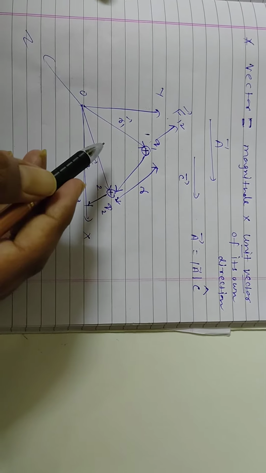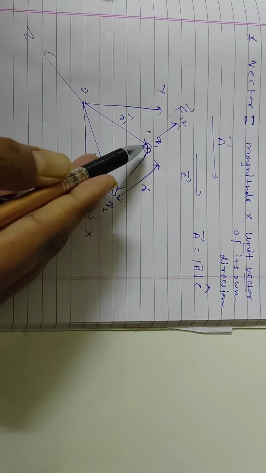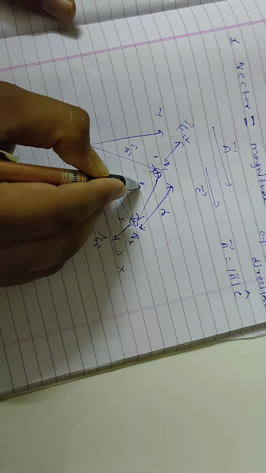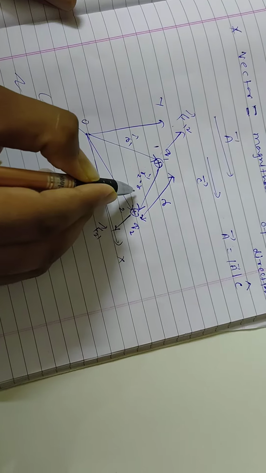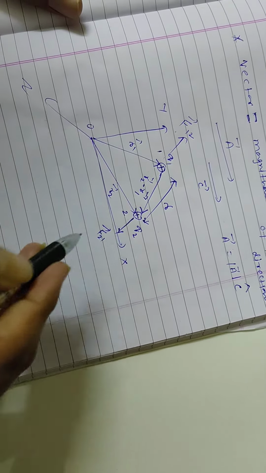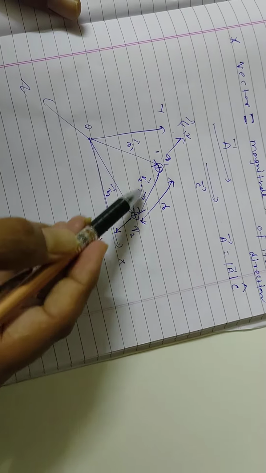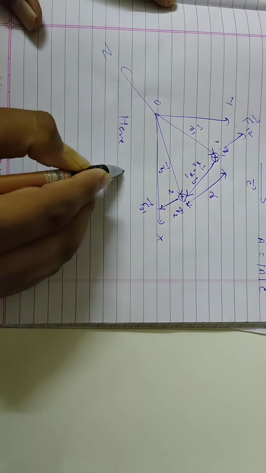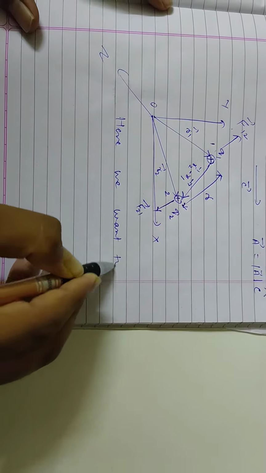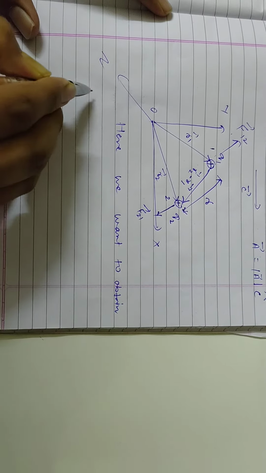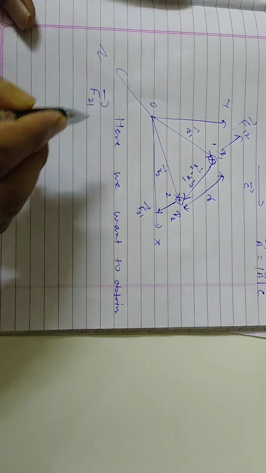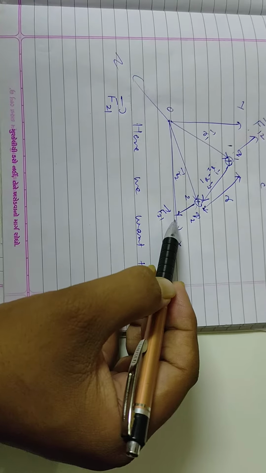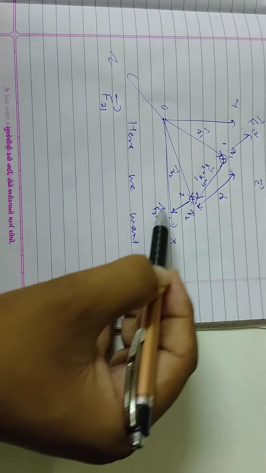As we know, the coordinate of a vector is head minus tail, so this vector can be represented as vector R2 minus R1. R2 is the position vector of the head, R1 is the position vector of the tail. Clear? Here we want to obtain F21, so the direction of F21 and the direction of R2 minus R1 is the same.